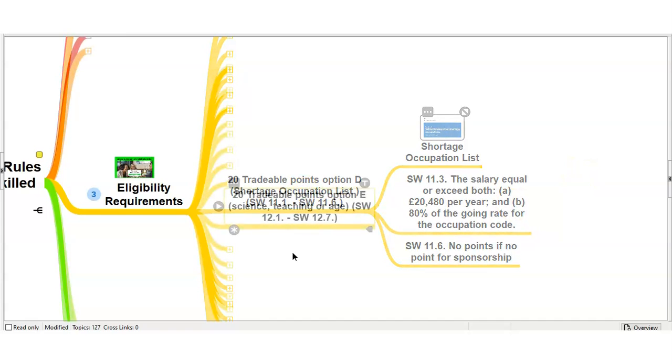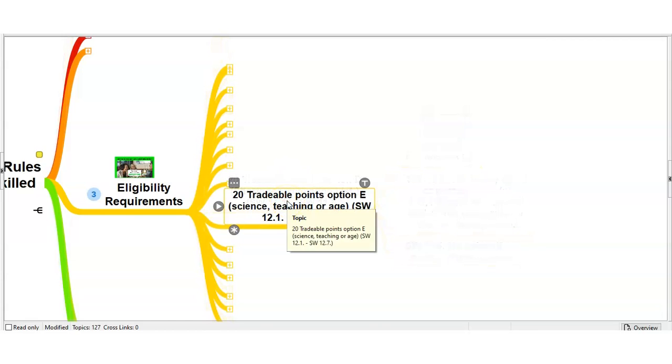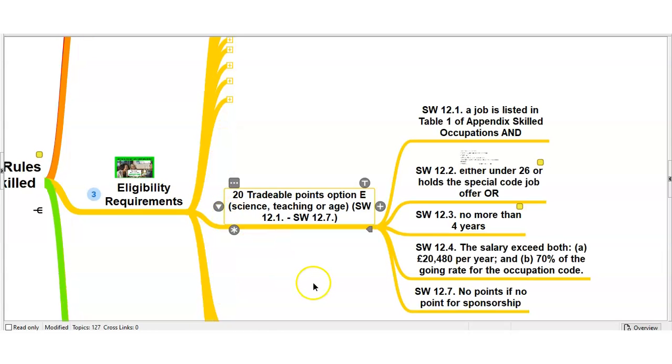Tradable points option E, and I call this one science, teaching, or age. This particular option was drafted to allow new entrants to remain here in the UK and work in their field.